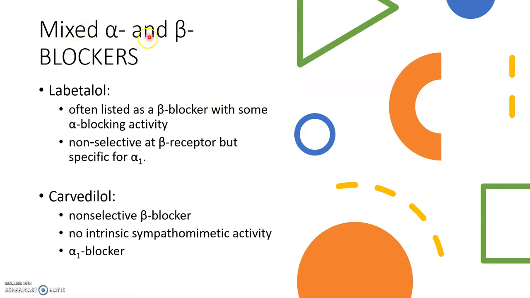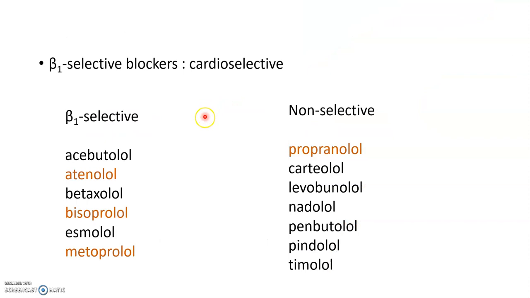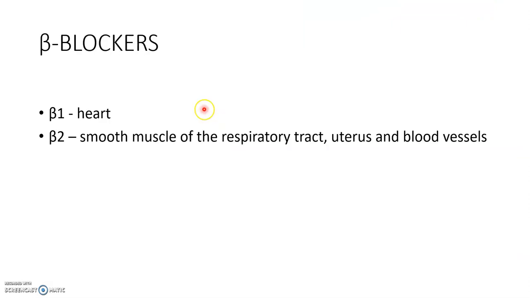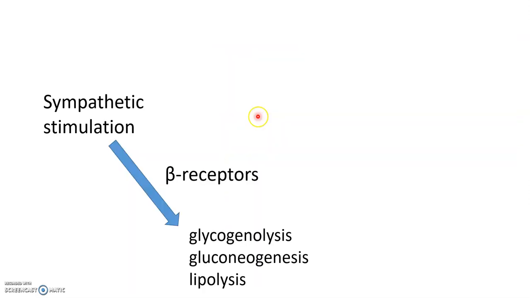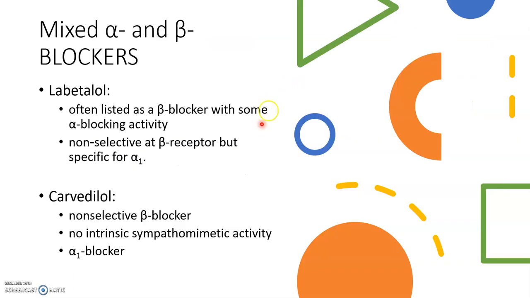So mixed alpha and beta blockers. We have labetalol and we have carvedilol mainly. Labetalol is often listed as a beta blocker, and it has some alpha blocking activity. I didn't show the picture, the diagram.